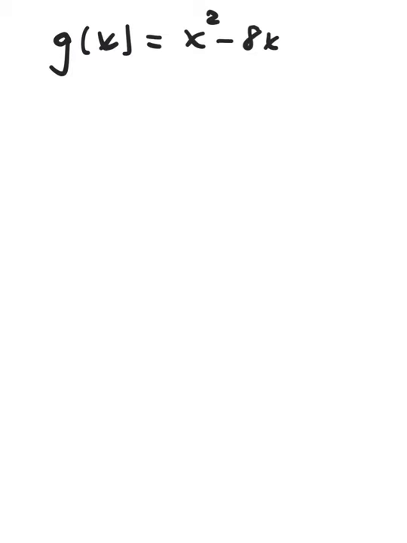There are times when you're asked to write in standard form. Now, standard form, what we're going to do is we're going to change this to a y. And we're going to perform completing the square on this equation. Okay, so let's remember how we do that. I'm going to go to blue. We're going to take half of the number in front of x.